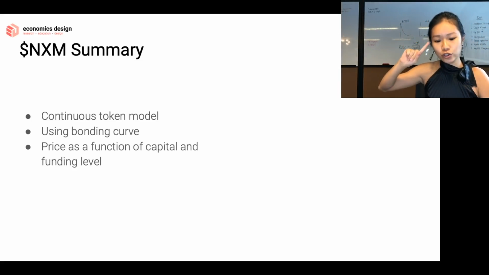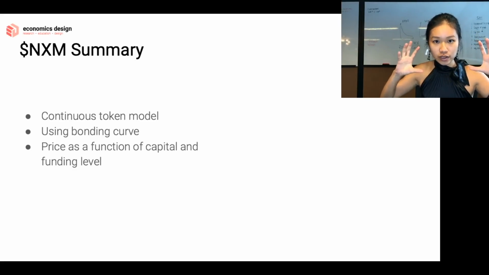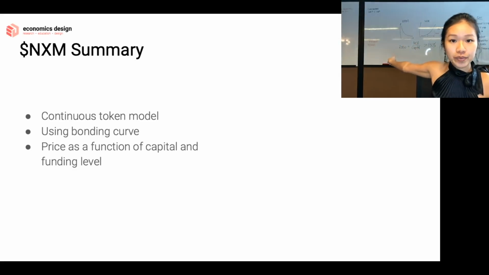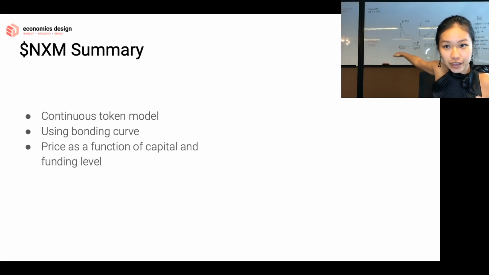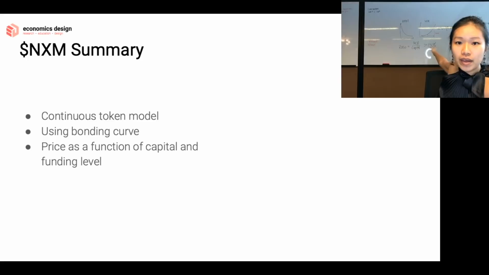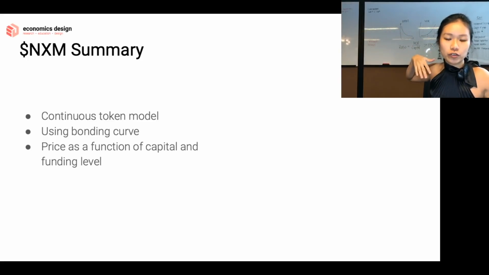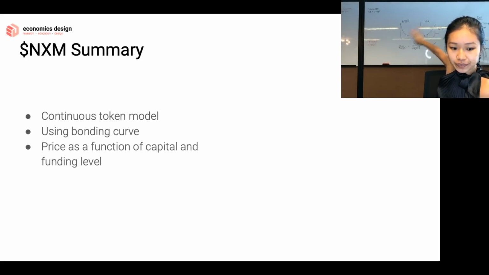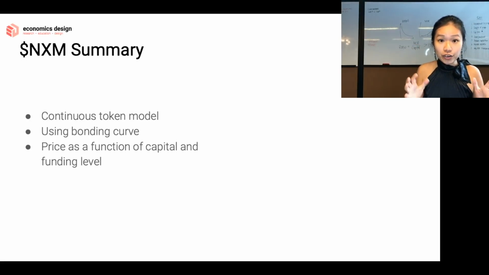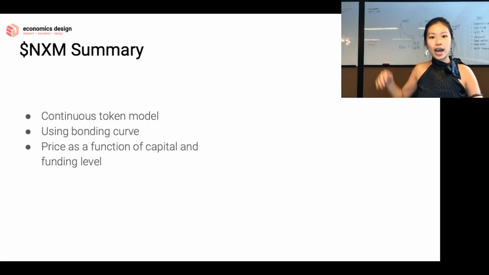It's important to conceptualize the difference, because AMM is a different kind of model, which is why the curve is like that, and NXM is a different model from AMM's. However, the concept is the same: it's just a bonding curve, and how price is determined.